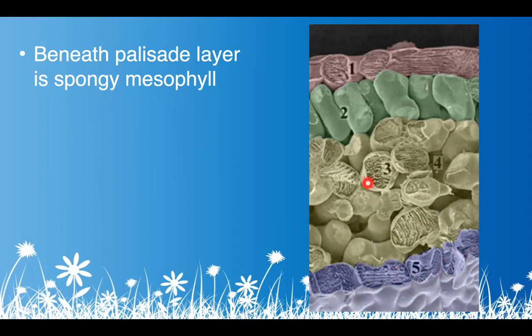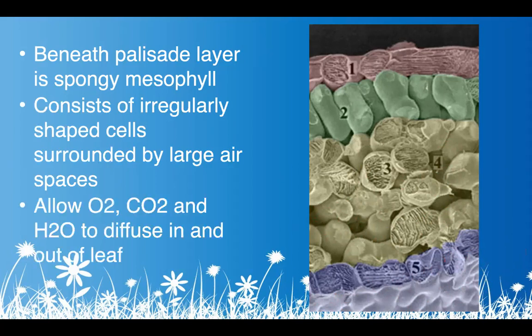So air is going to come in and go out through the space, so it's important that you have lots of air space here. So oxygen can go out, carbon dioxide can come in, and water can evaporate through the leaf, through these large air spaces. So once again, we've got upper epidermis, palisade mesophyll, spongy mesophyll, lower epidermis.